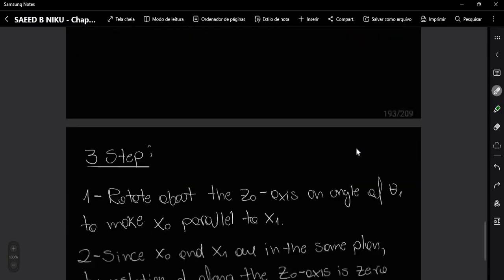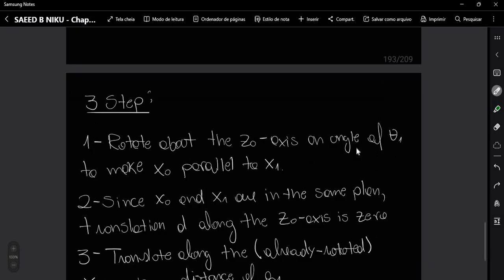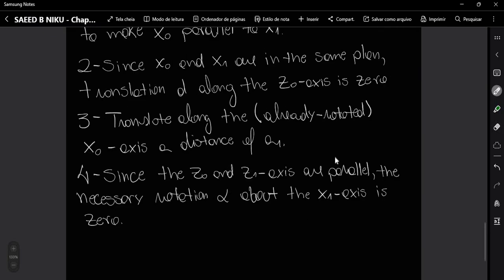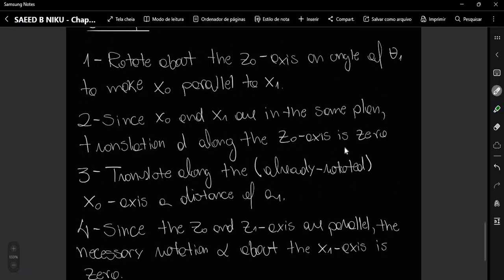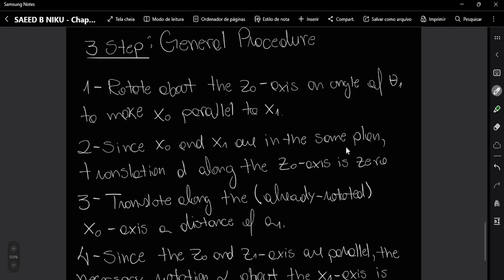I'm saying that this is the third step, but it can be the second step. What is important is the general procedure. We write the four motions.